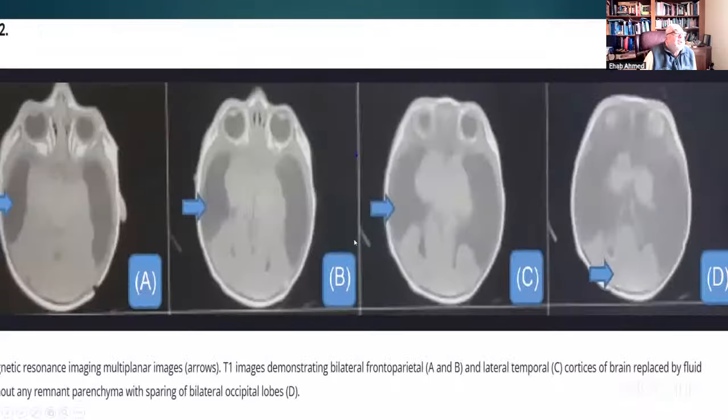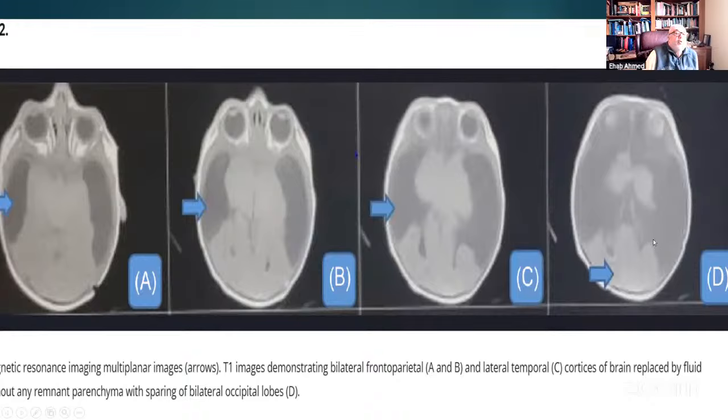And we have these typical findings in the MRI. So my MRI, bilateral frontoparietal in A and B, and lateral temporal in C and D, replaced by fluid, without any remnant parenchyma, with sparing of bilateral occipital lobes.